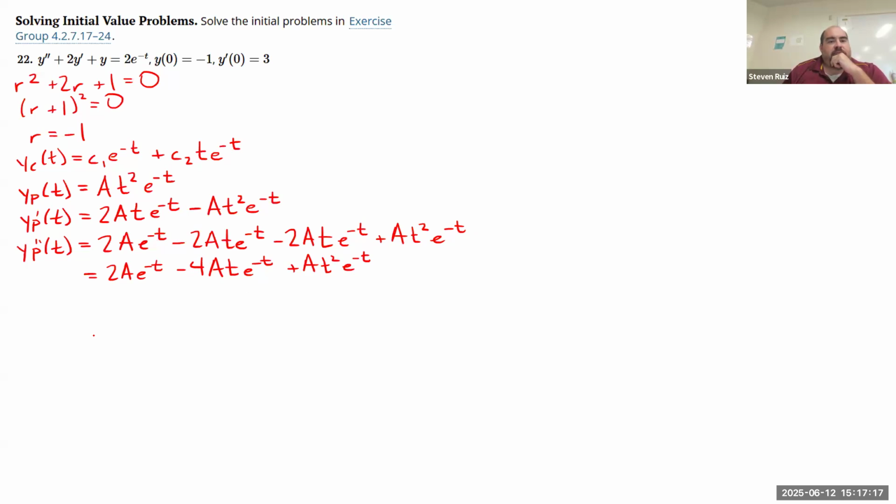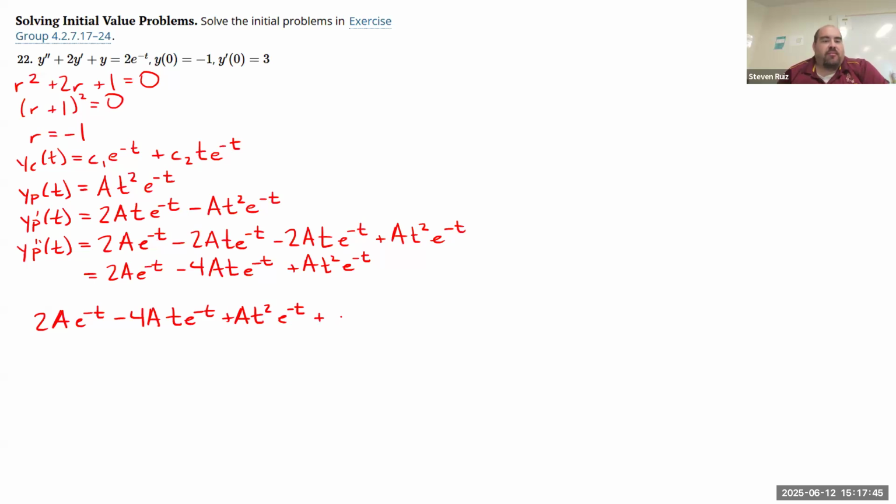Okay, so now that I have this form of my particular solution, we'll go back to the differential equation with it. So y double prime is equal to 2a e to the negative t minus 4at e to the negative t plus at squared e to the negative t plus 2 times y prime.